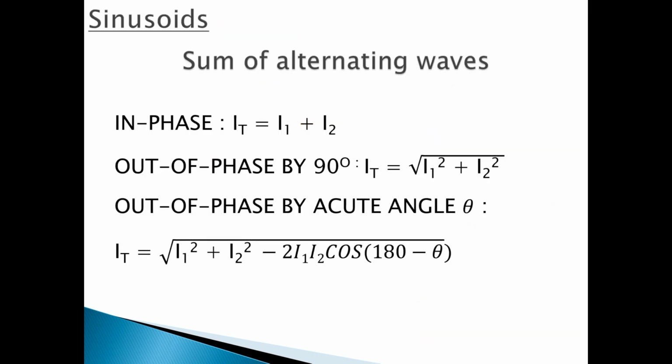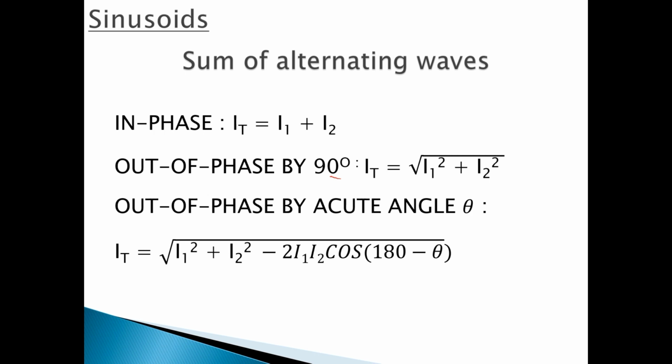Now, we have the sum of alternating waves. If we have in phase, or the same phase angle, I total is equal to I1 plus I2, so just a summation of the amplitudes. Then out of phase by 90 degrees, we can use the Pythagorean theorem: I total is equal to the square root of I1 squared plus I2 squared.